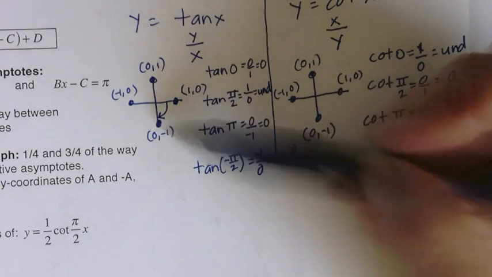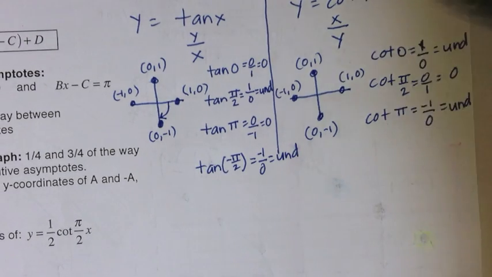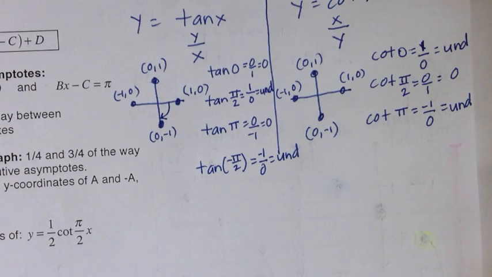So remember, negative pi over 2 and 3 pi over 2 are coterminal angles, but do you see these undefined? That's where our asymptotes are. So it makes complete sense that tangent and cotangent don't have the same asymptotes, because they're not undefined at the same place, because they're different ratios. Okay? So that was long just to get that concept down.